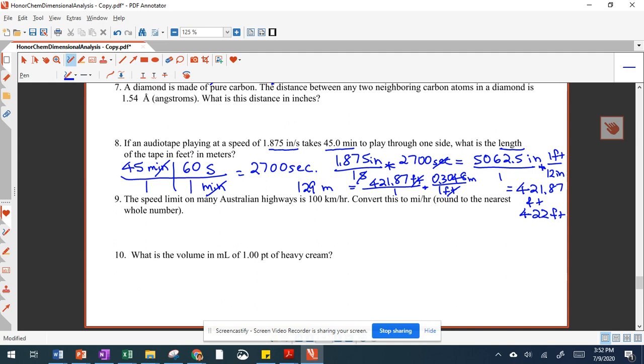So you notice I rounded both of the answers to 3 significant figures, since 45.0 has 3 significant figures. Remember, when we're doing calculations, your conversion factors will be definitions. You do not worry about the significant figures in your conversion factors.